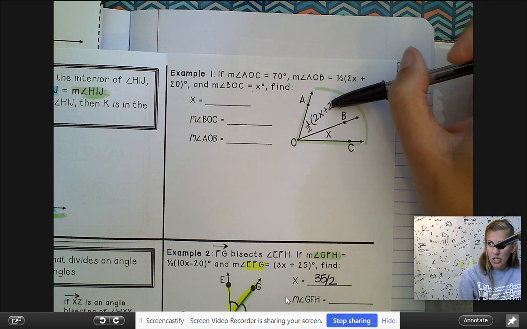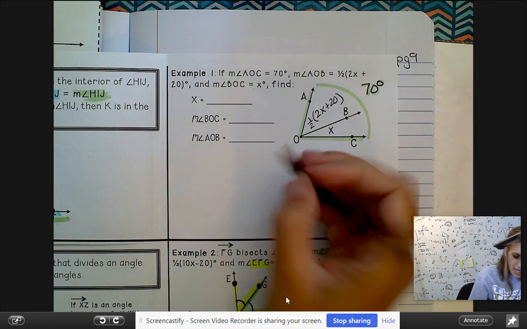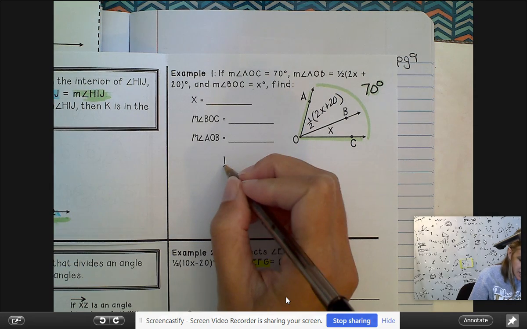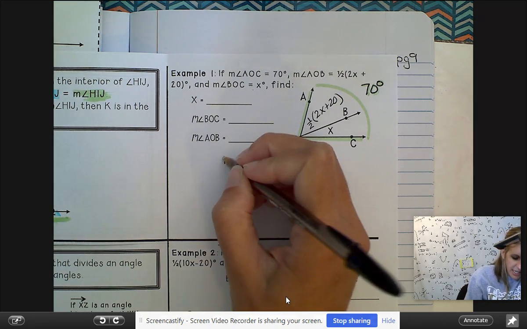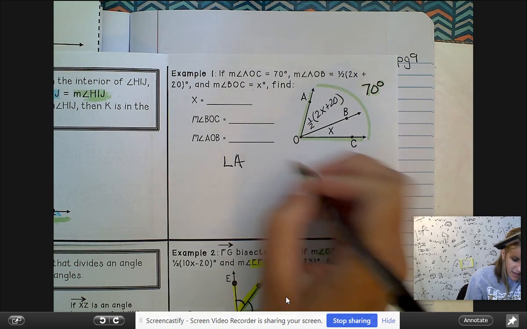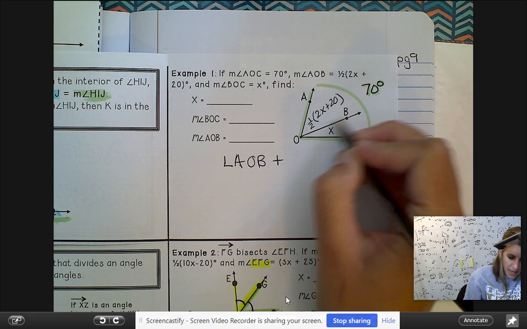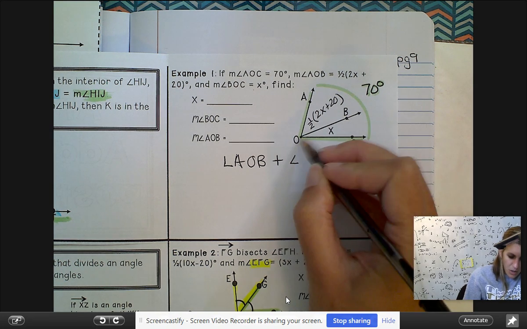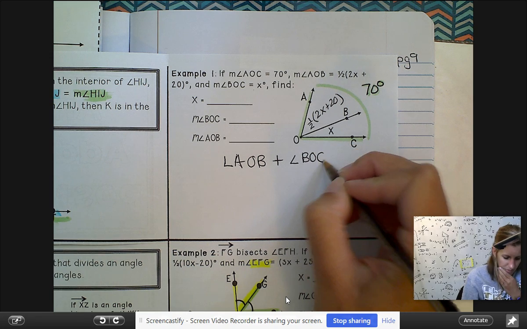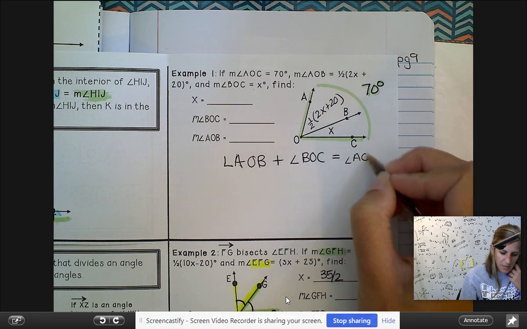We're going to add up the two smaller pieces, and that should give me the whole thing. When I write that out as an equation using my angle addition postulate, it would be the measure of angle AOB, that first one, plus the measure of angle BOC equals the whole angle, angle AOC.